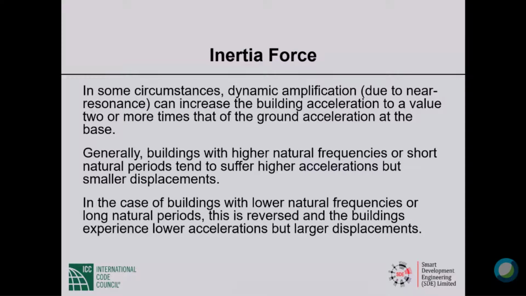Now in the picture, we said the inertia force is mass times the ground acceleration. In some circumstances, there is dynamic amplification, and that is because of near resonance, which we discussed the other day. If the period of the structure and the period of the ground motion are close, then there is near resonance.